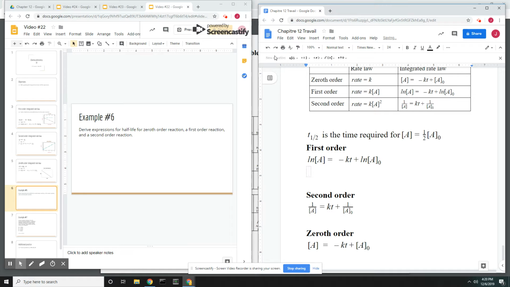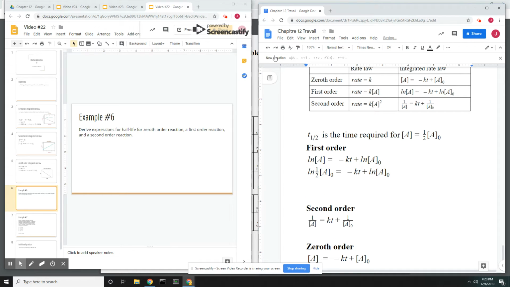So I'm going to rewrite this expression, and now all I have to do is solve for kt.